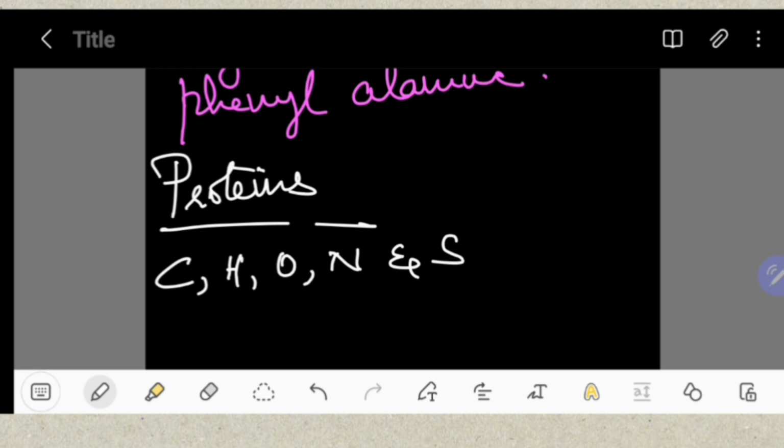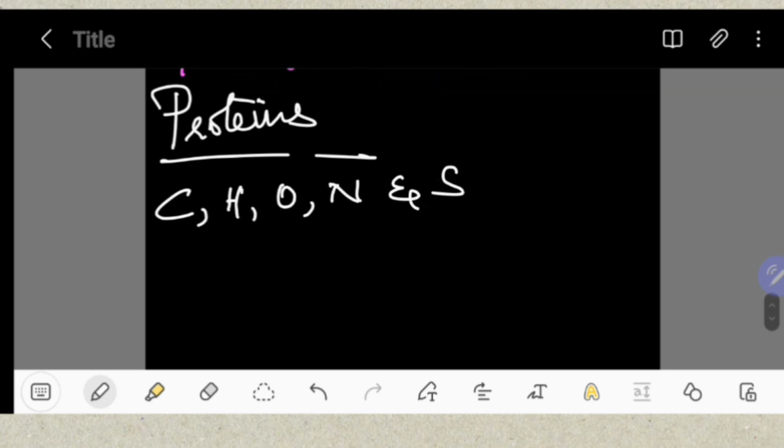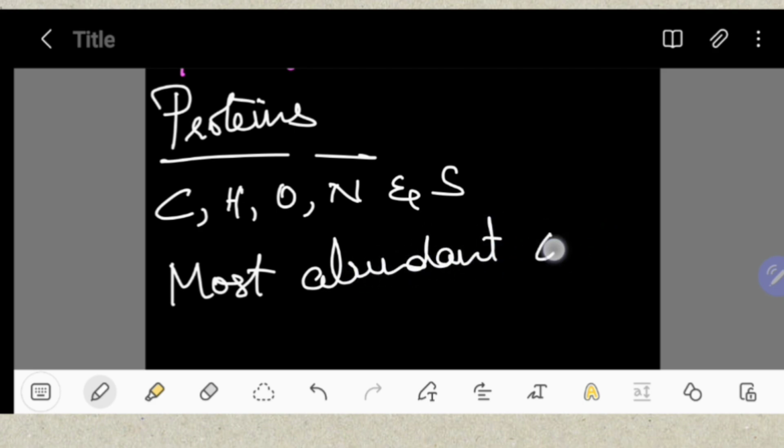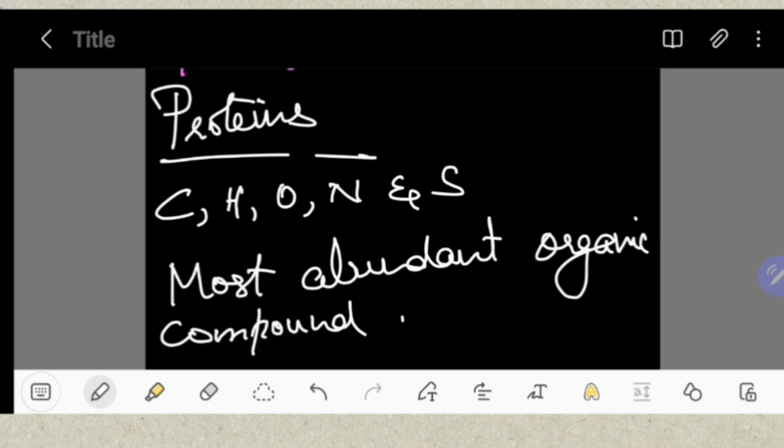Carbohydrates were the main energy providers, and cellulose was the most abundant polysaccharide. But the most abundant organic compound is your protein.